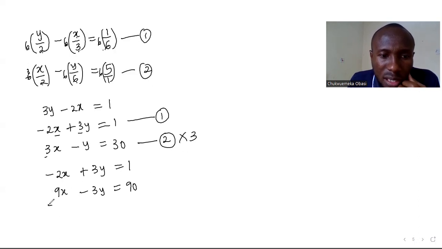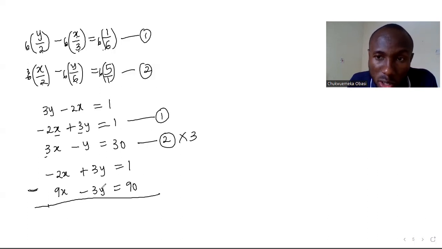And let's see how we can eliminate the y. Is it with addition or with subtraction? Think of it now. Let's try subtraction. If you do subtraction, it will be 3y minus minus 3y, and of course, that should be 3y plus 3y, which is 6y. So subtraction will not work. So you try addition.